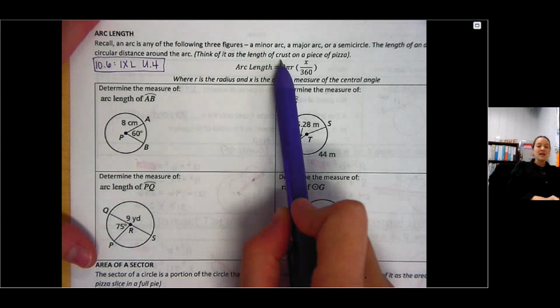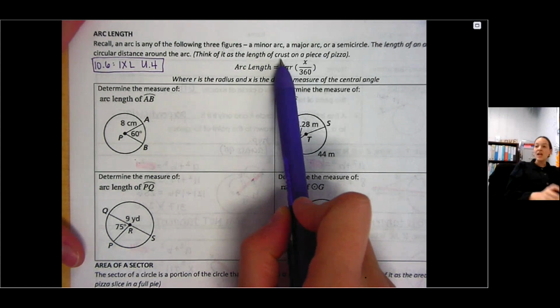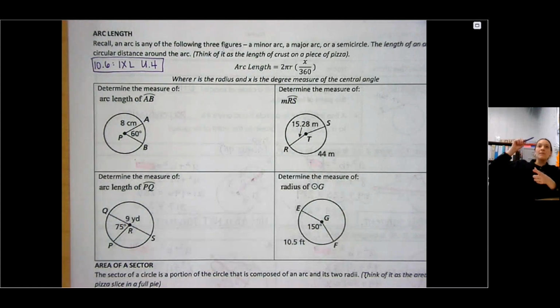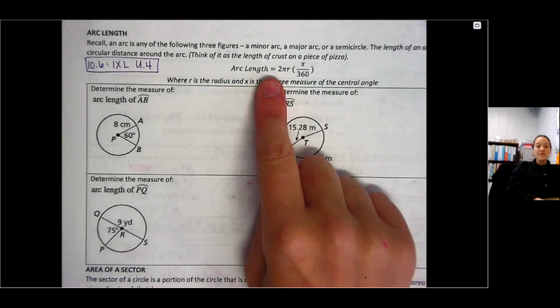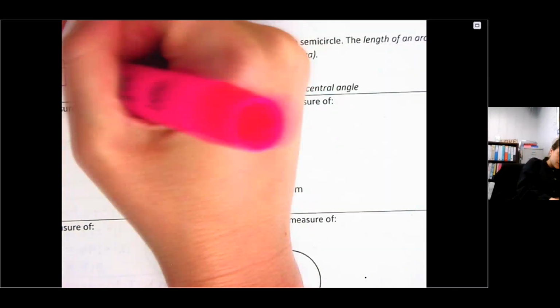I like to think about it as a piece of pizza. If you think about your pizza, you can figure out how long the crust is of the pizza. That is what arc length is. The equation for arc length is given to us right here. So I'm going to highlight this. This is our equation.